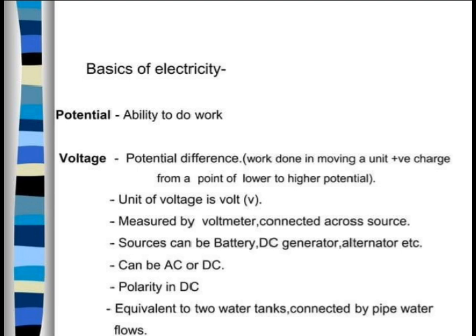And then sources of voltage include batteries, DC generators, and alternators. It can be alternating current or AC, or direct current DC. Polarity in DC is important because it fixes the positive and negative terminal. Equivalent to two water tanks connected by a pipe, water flows.